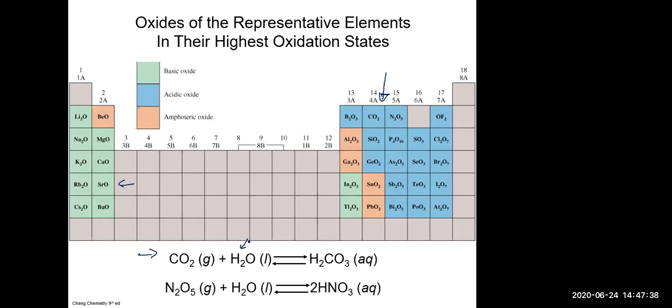So a lot of the acidic oxides are found to the right and upper part of the periodic table, right around that staircase and into the nonmetal region. And then we do have some of these, with these colors there, that are amphoteric. Just like we talked about before, amphoteric means that it could act either as an acid or a base. So again, those could go either way. Any questions on that or where those are located?